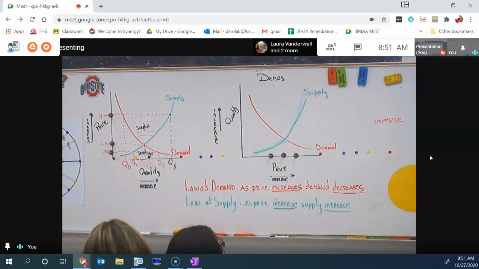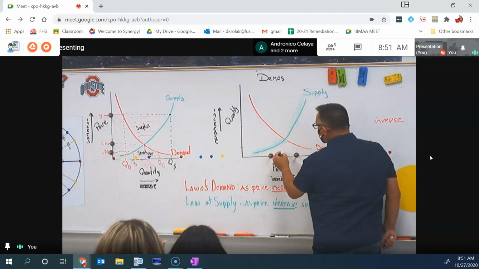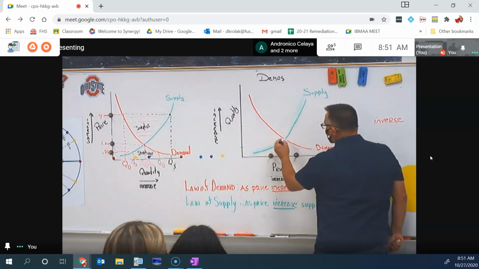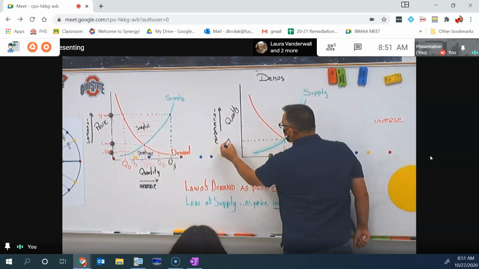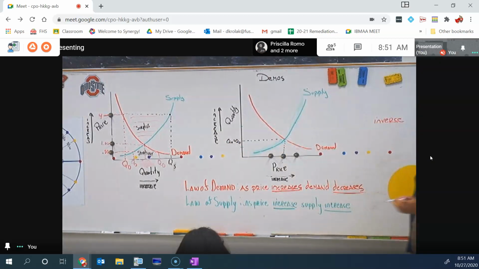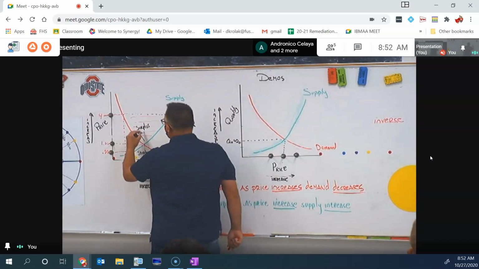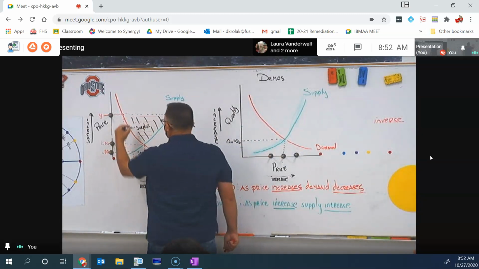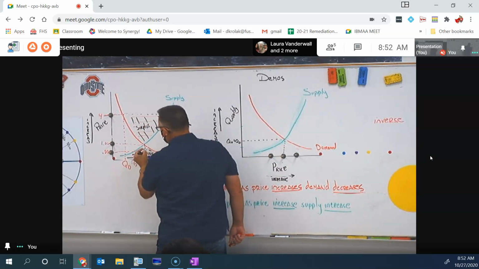Okay, now if we switch the two, so now price is here. So here would be your equilibrium price. So here, quantity supplied equals quantity demanded. All right, now on this graph over here, our surpluses were this section of the graph, and the shortages were in this section.